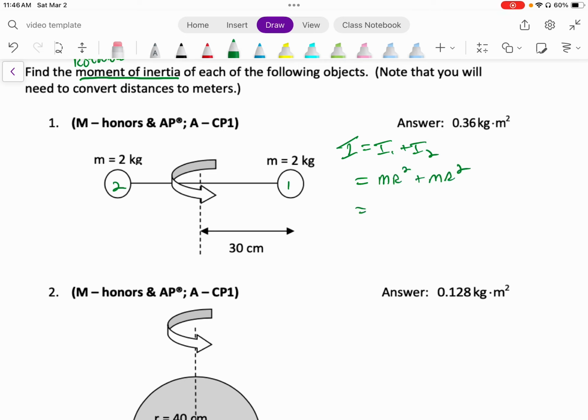Both masses and r's are the same, so essentially I can calculate 2 kilograms times r, which is 0.3 meters, and square it. And I have two of them, so I multiply by 2. And that will give me a value of 0.36 kilograms meters squared.